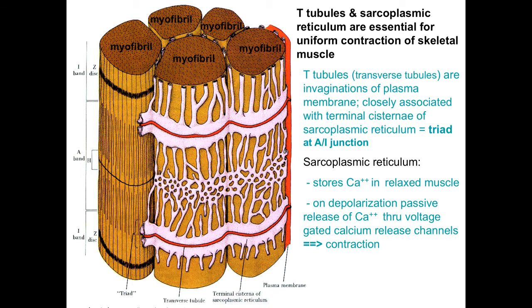Now, when the skeletal muscle cell relaxes, the calcium is actively transported back into the sarcoplasmic reticulum. So the T-tubules and the sarcoplasmic reticulum are essential for uniform contraction of skeletal muscle.